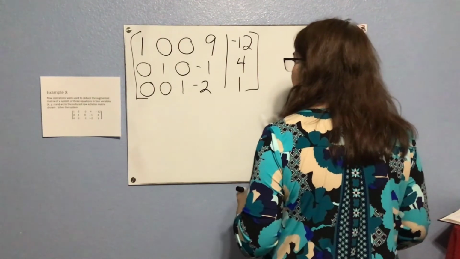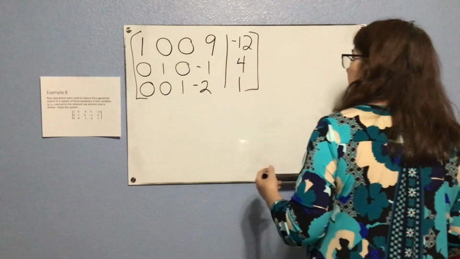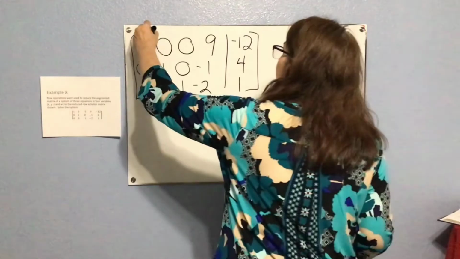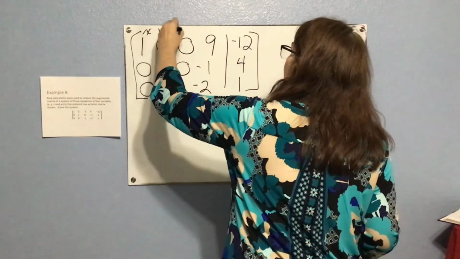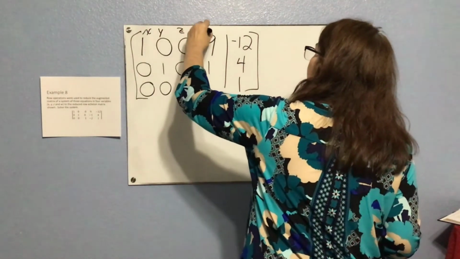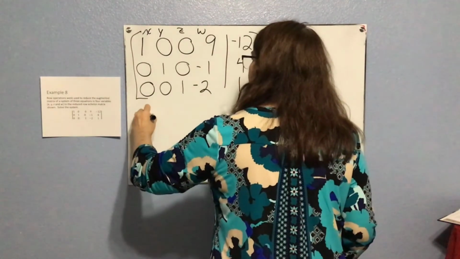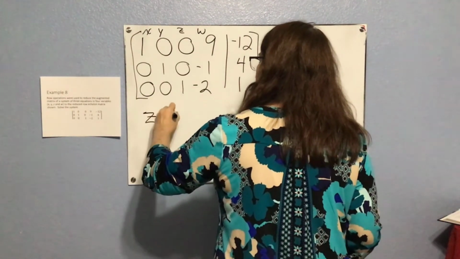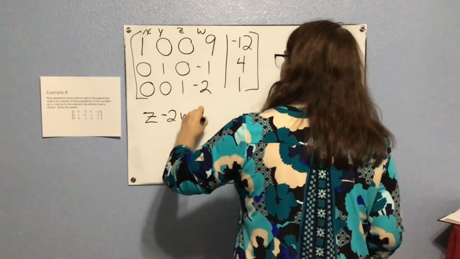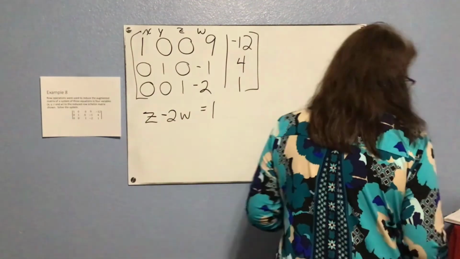Okay, so if this is my reduced row echelon matrix, the equations I can get from this, remember this is x, y, z, and w. So this first equation would be z minus 2w equals 1.